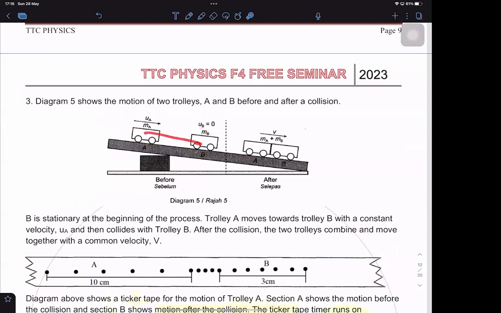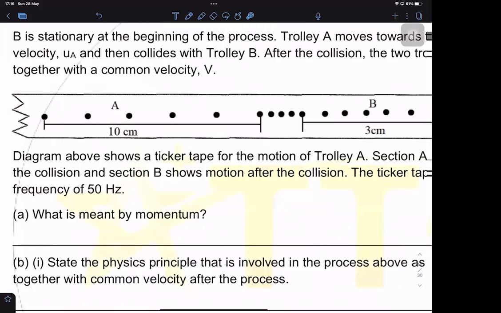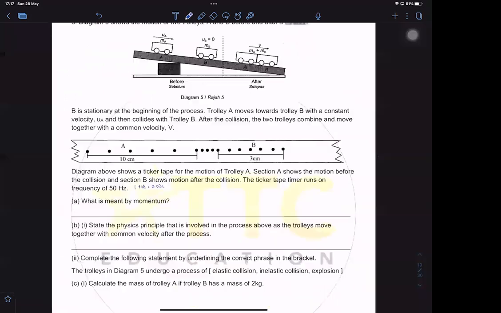So later on, when they hit each other, A and B will stick together. Okay, they will combine. This is the ticker tape for trolley A. See, they can combine many different things together into the same question. Okay, the ticker tape runs on the frequency of 50 hertz. So if you remember, 50 hertz means one tick is 0.02 seconds.